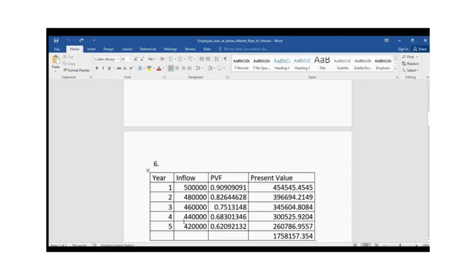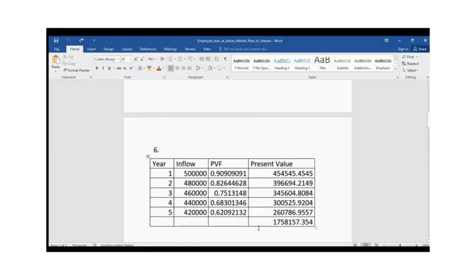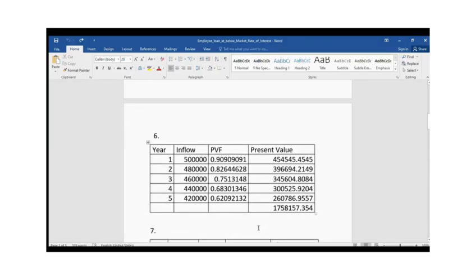For year 4, 4 lakh 40,000 into 1 divided by 1.10 raised to the power of 4, that will be 0.683. 4 lakh 40,000 into 0.683, 300525 would be the present value for year 4. And for year 5, 4 lakh 20,000 into 1 divided by 1.10 raised to the power of 5, 260786 would be the present value, and the total of these present values would be 1758157.